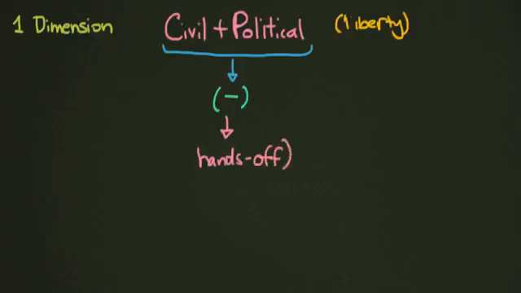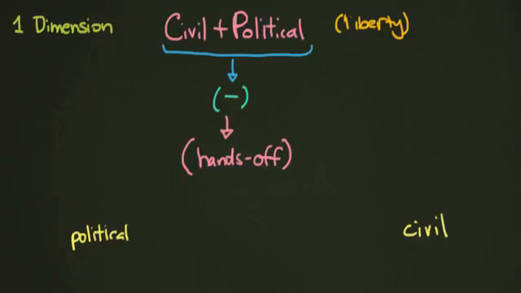So this means that the organization or the country or whatever sort of group is involved has to keep their hands off of the people who are expressing these rights. We can break them into the political and the civil.